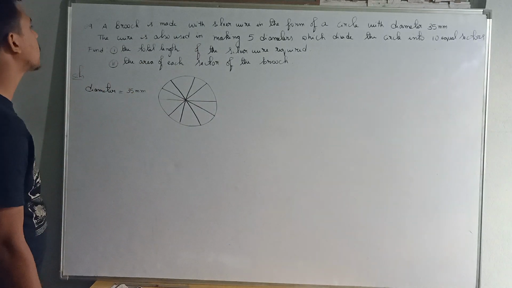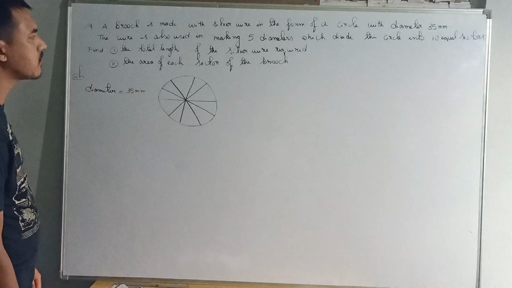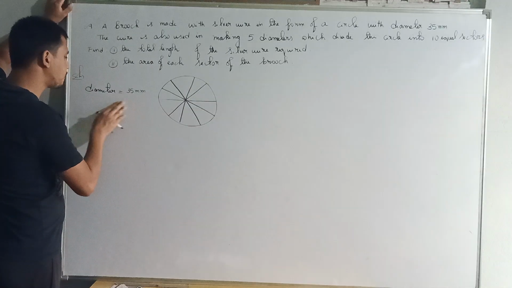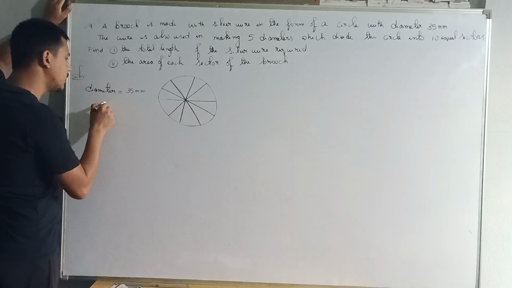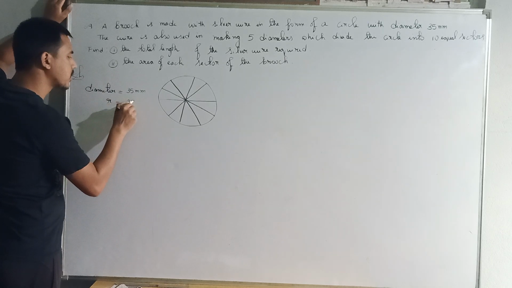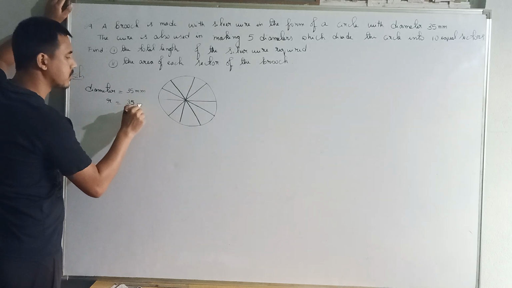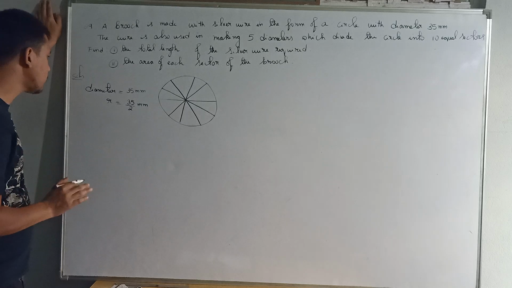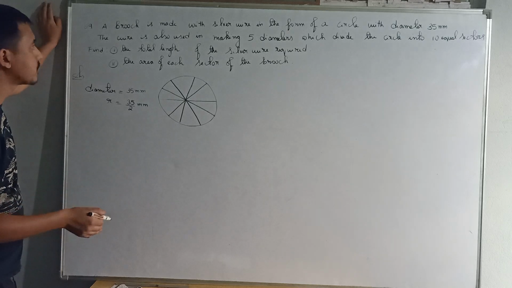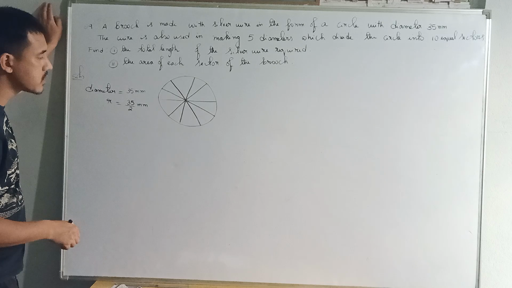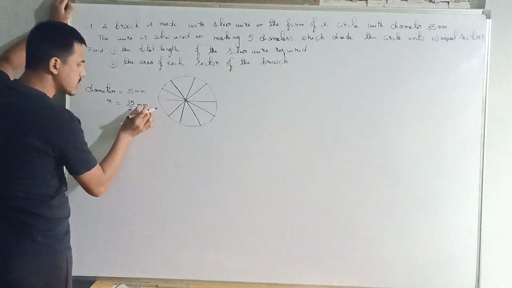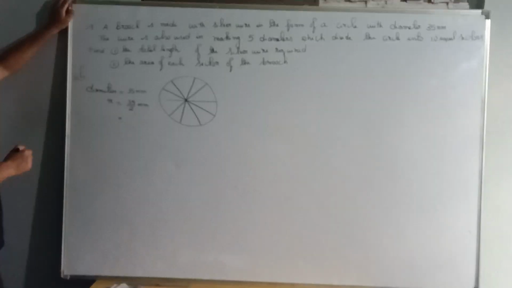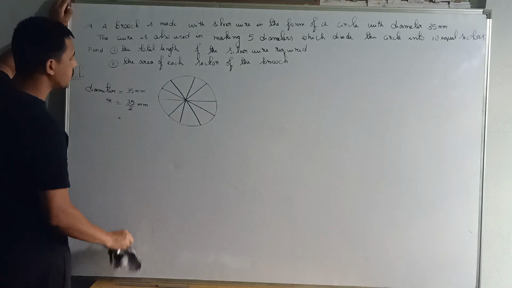So we are asked to find out the total length of the silver wire required. Now the diameter of the circle is given to be 35 millimeters, so the radius will be diameter divided by 2. Since it is in millimeters, we can convert it to centimeters before finding the radius.